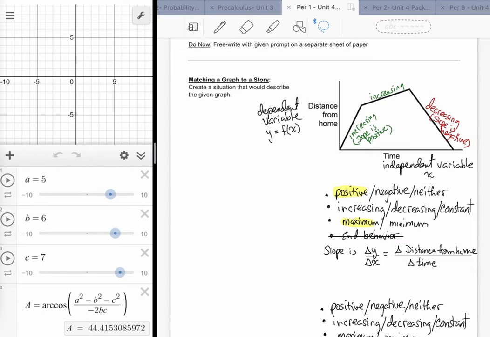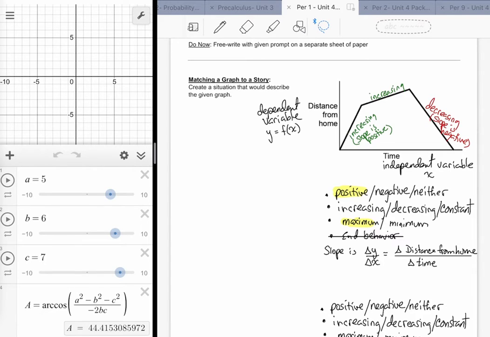Or you can play around with the wording there, but for every unit of change in time, the distance is increasing. For every unit of time, the distance is decreasing. That would be the negative slope situation.